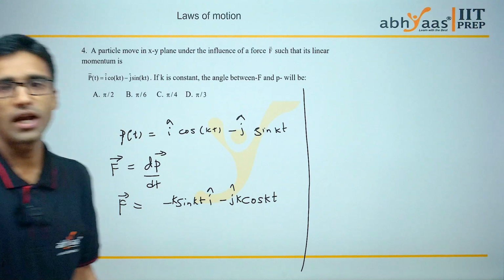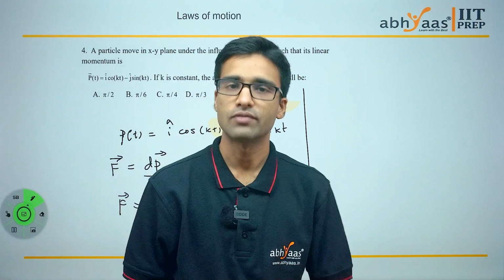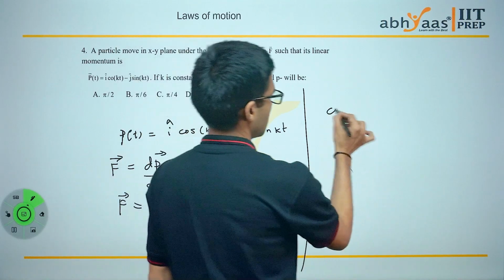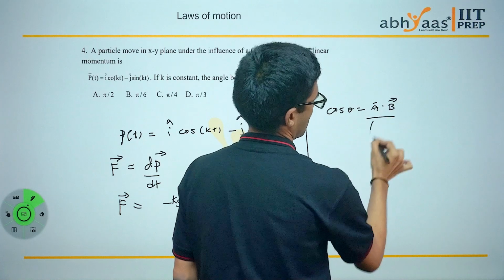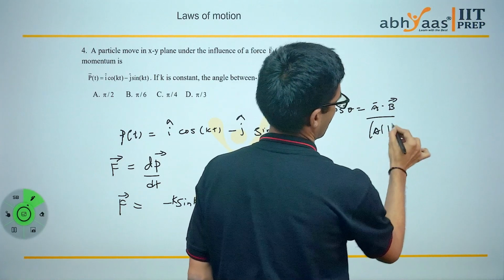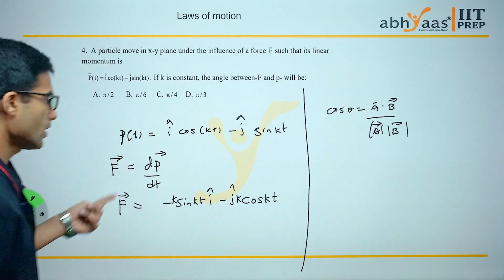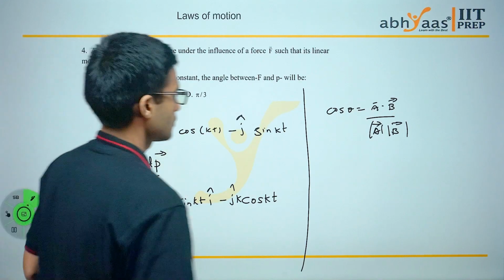To get the angle between them, you have the dot product. You can easily do the dot product. So simply cos theta is equal to a bar dot b bar by modulus of a bar times modulus of b bar. Here, consider a bar as p bar and b bar as f bar, so you just multiply.